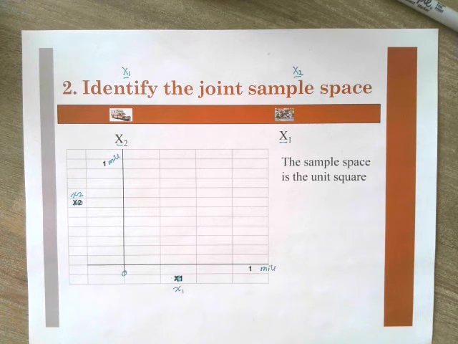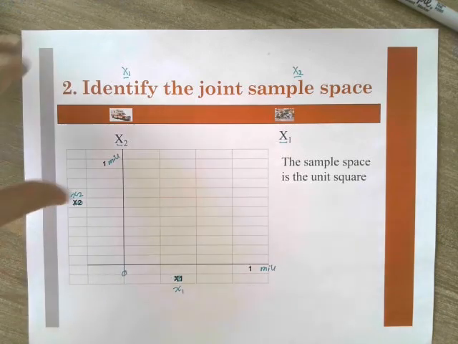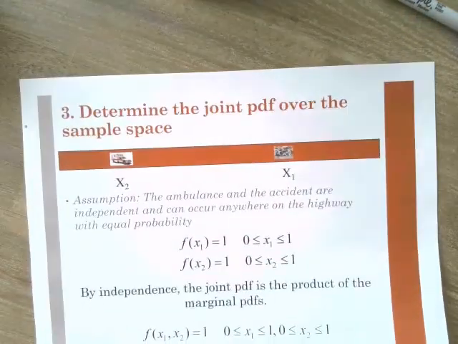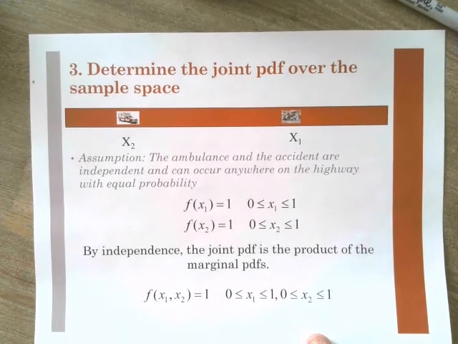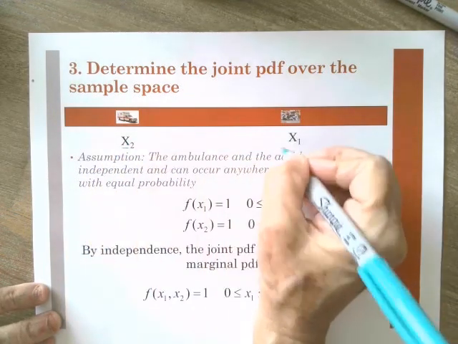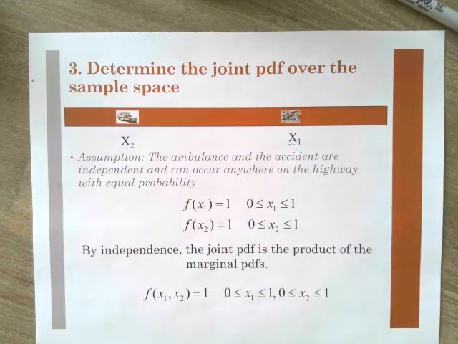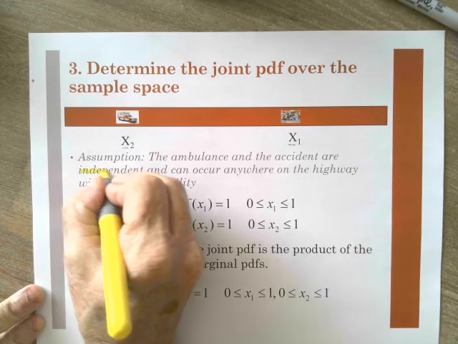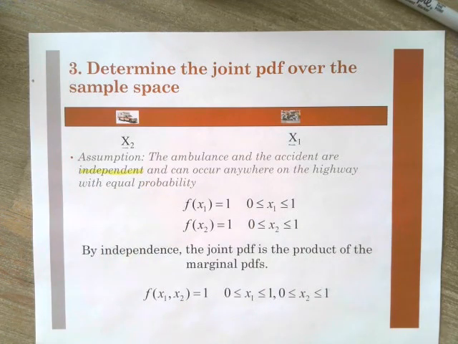Okay, step 3 says, determine the joint probability density function over the sample space. Probably isn't super necessary for what I actually want to accomplish here, but it doesn't hurt to do this. So remember, whenever we have 2 random variables that are independent, the joint probability density function, or mass function rather, if it was a discrete random variable, is just the product of the 2 marginal PDFs.